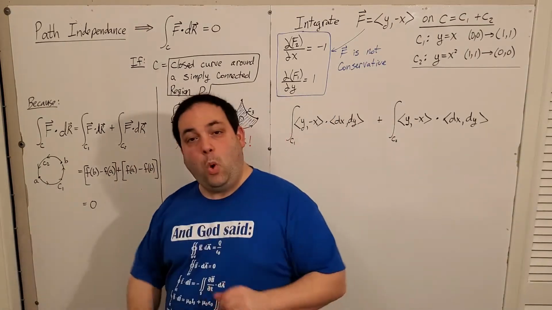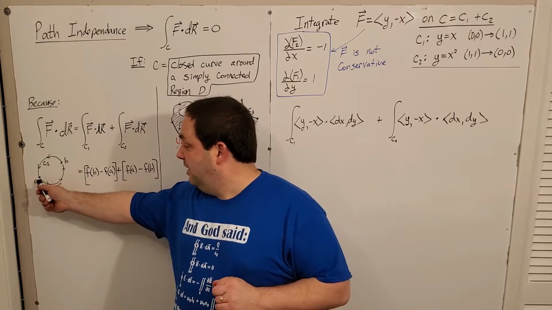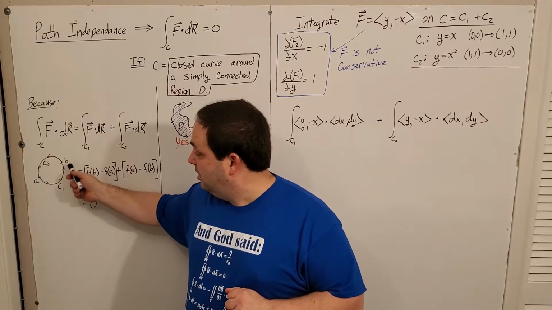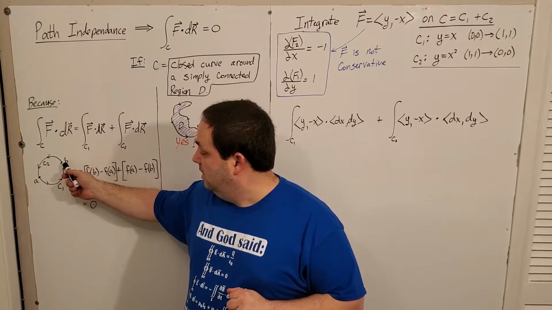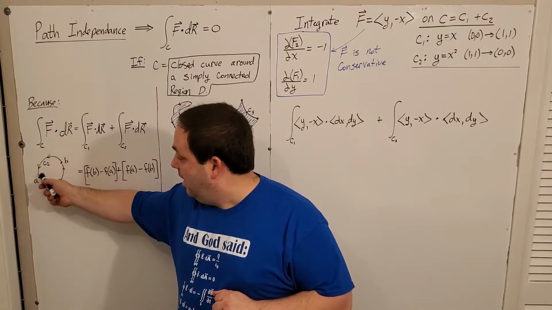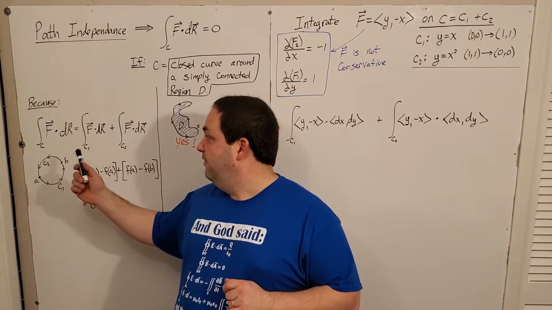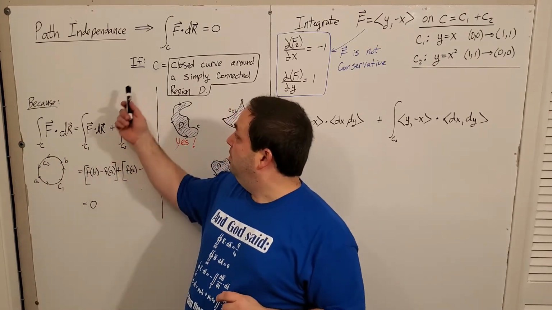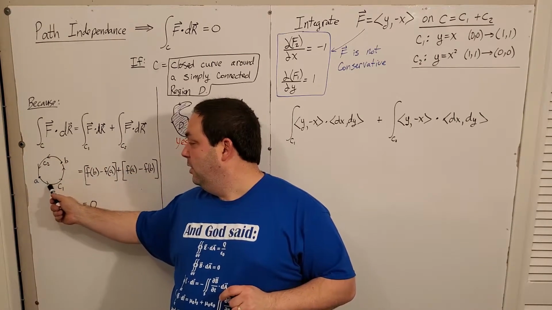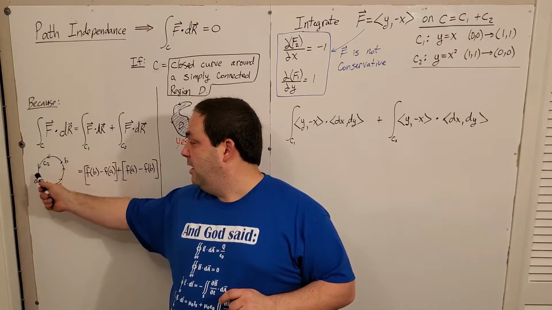So here's why, okay? Imagine I've got point A and point B, and I'm going to integrate some pathway C1, and then I'm going to integrate back from B to A on pathway C2. So if I say that big C is C1 plus C2, then I'm going around this way and then back around to A again.